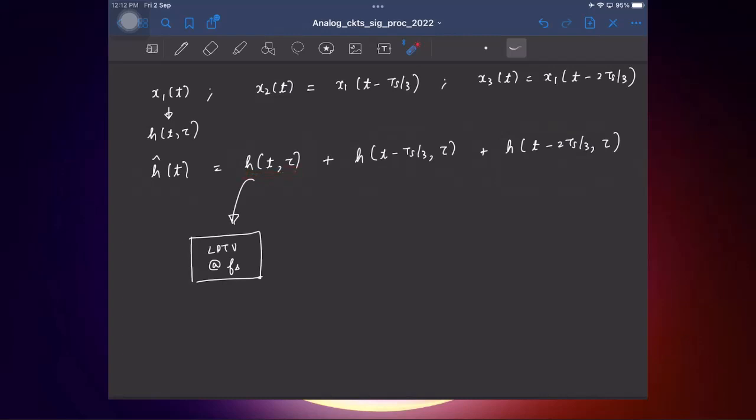Okay. Now what we have told is we need to get another system whose impulse response is shifted in time by ts by 3. You can't control the time at which you are applying the impulse, right? Input is coming, isn't it? Sorry? Yeah, where should we delay? What should we delay?